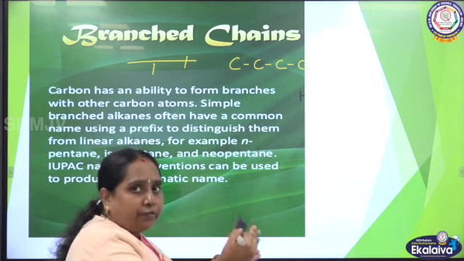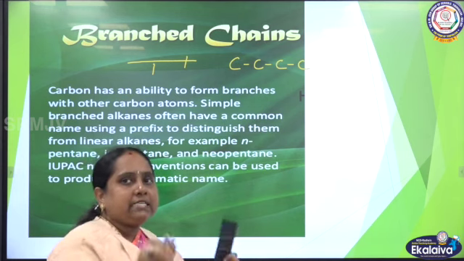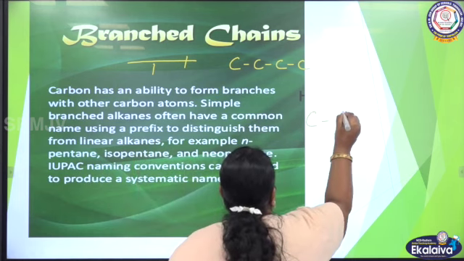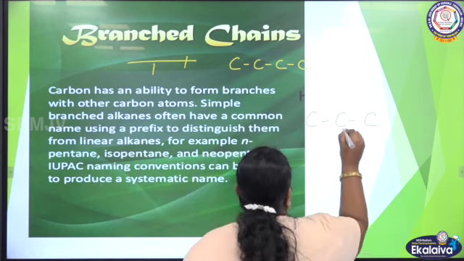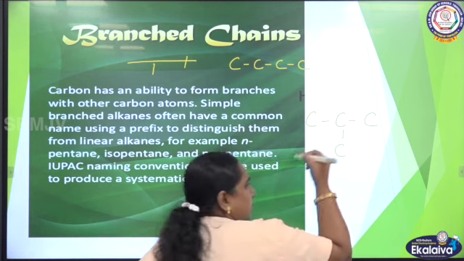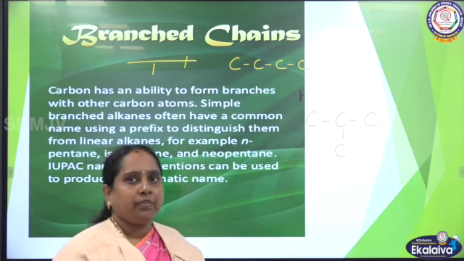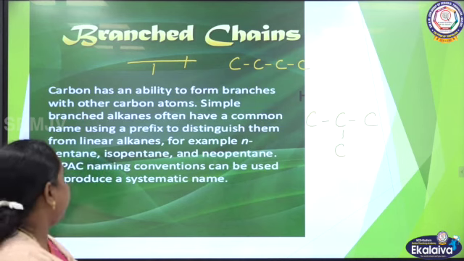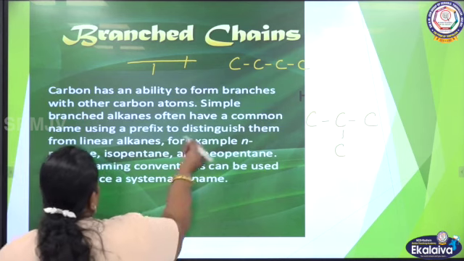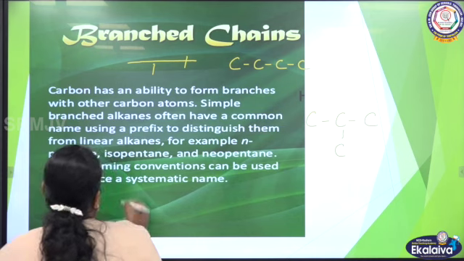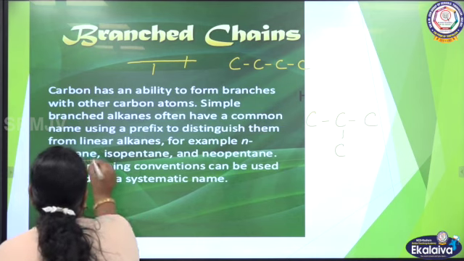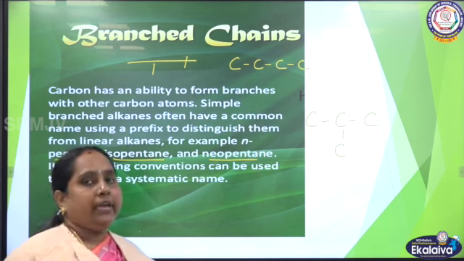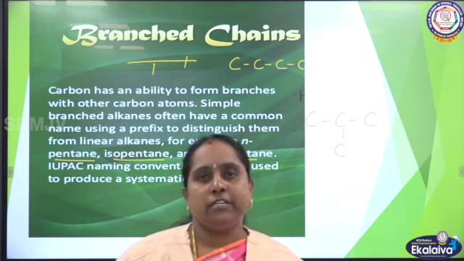One of the carbon units will be added as a substituent, so that we get a branch: 3 carbons in a linear chain and 1 carbon as a branch. In this way the branched chain compounds can be formed. Some common examples: pentane will form isopentane and neopentane. Generally they are also called isomers.